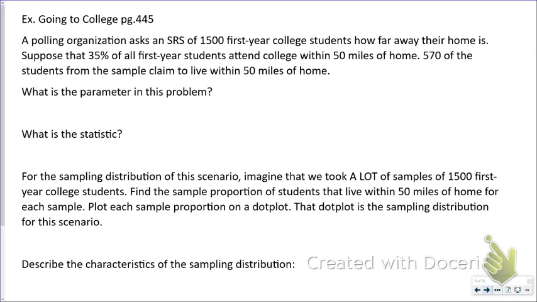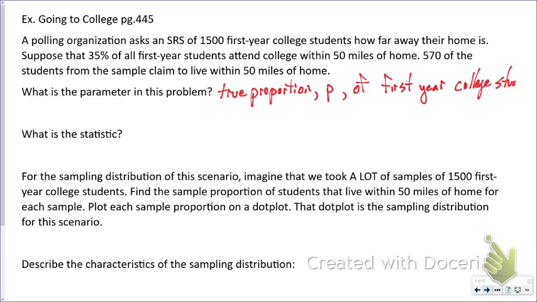So the parameter is the true proportion p of first-year college students that live within 50 miles, and we know it's 35%.